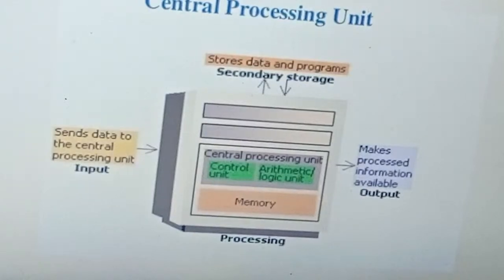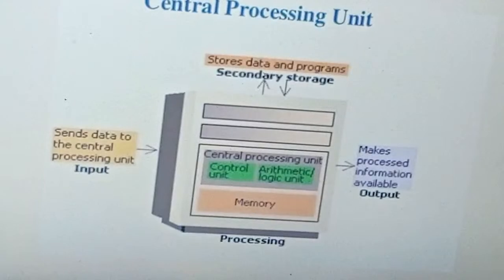And this central processing unit performs steps for each instruction.